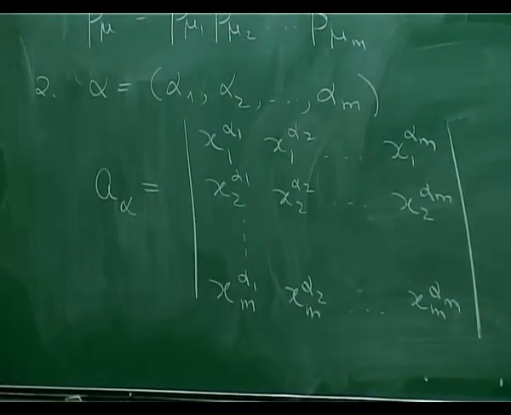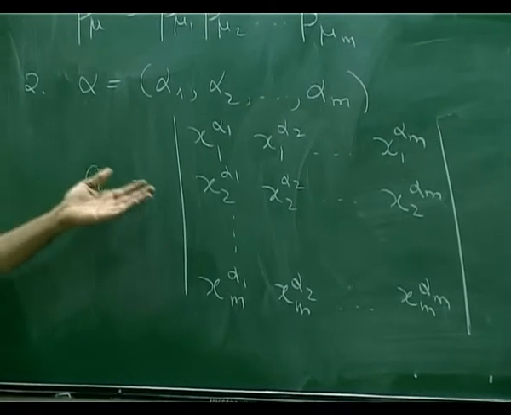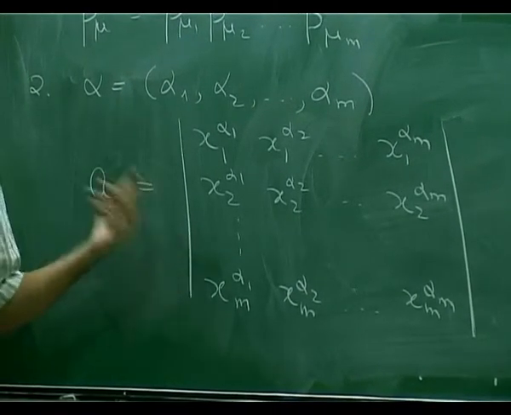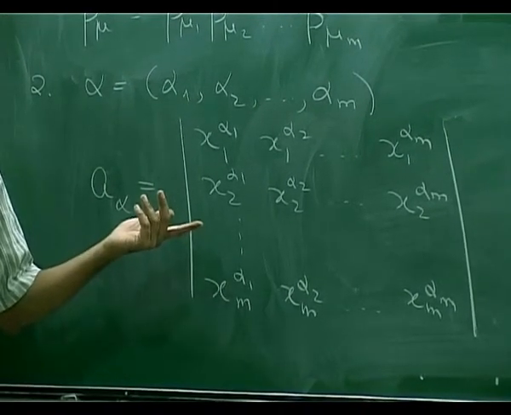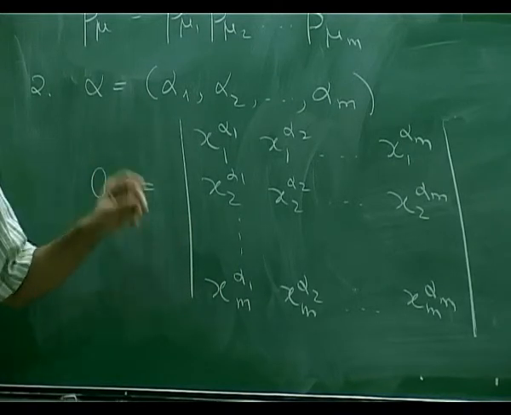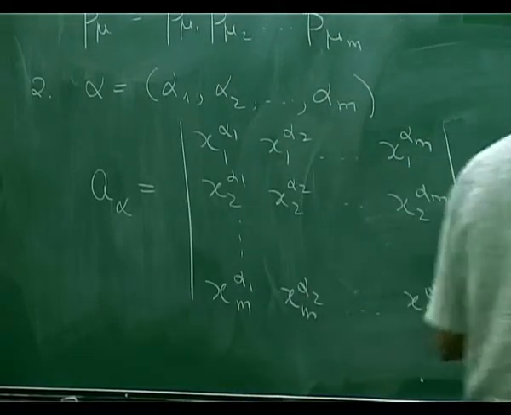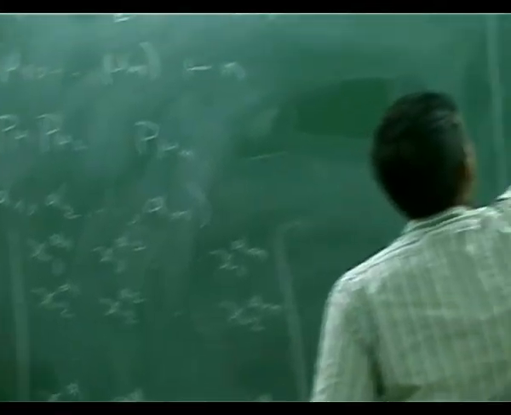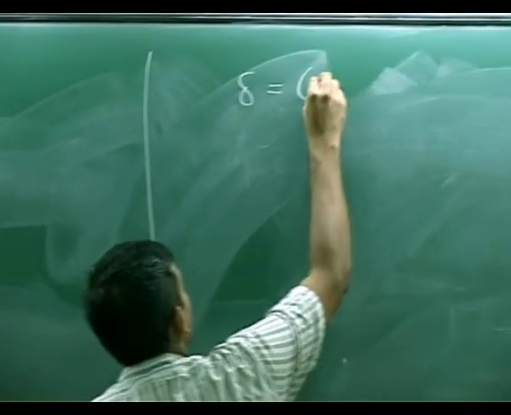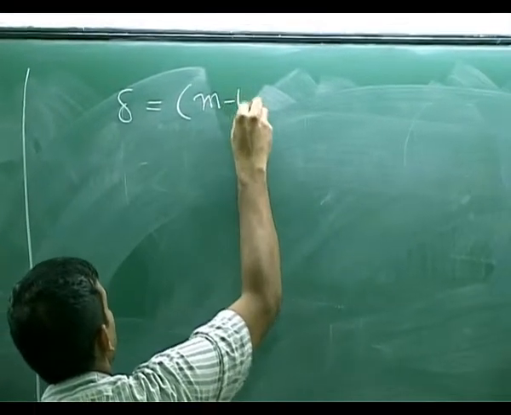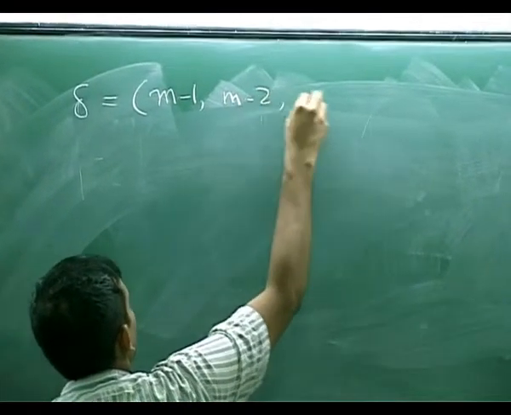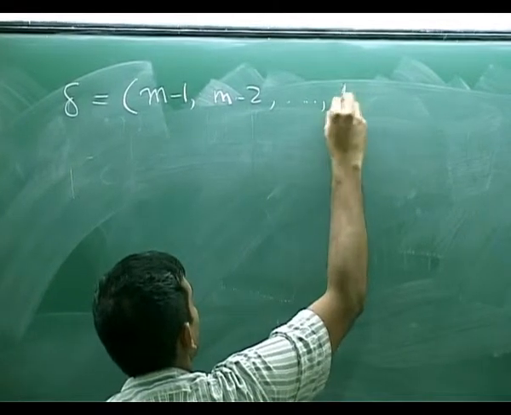So this is a polynomial in the variables x1, x2, ..., xm, but it's not symmetric, it's alternating. If you interchange two of the variables, then its sign changes. As an example of this, take as α the vector δ, which is (m minus 1, m minus 2, down to 0).